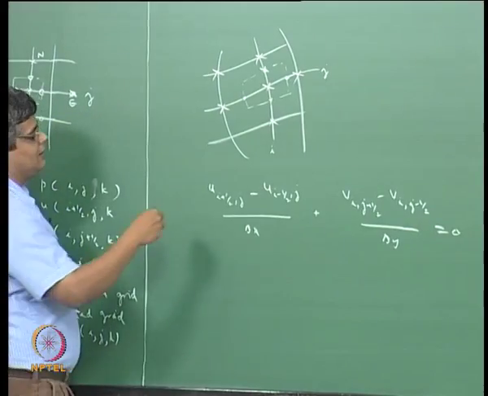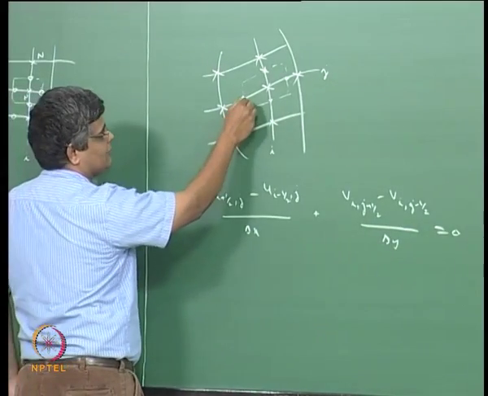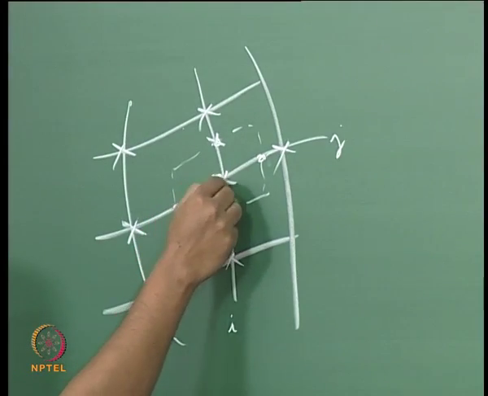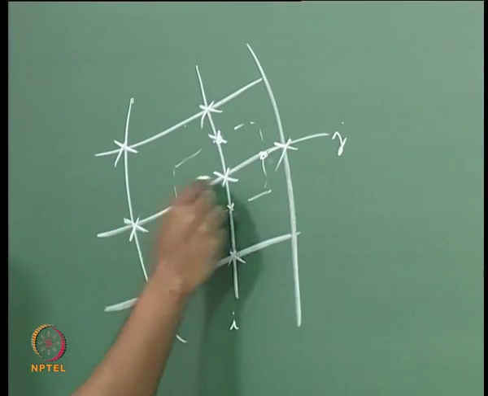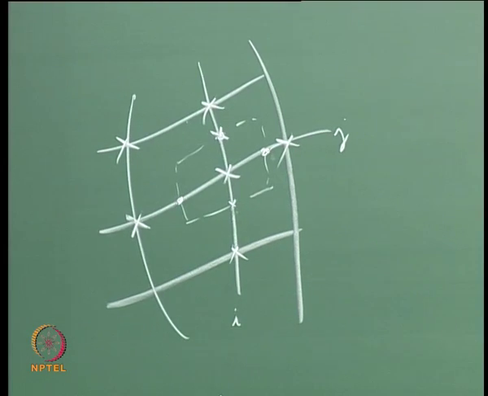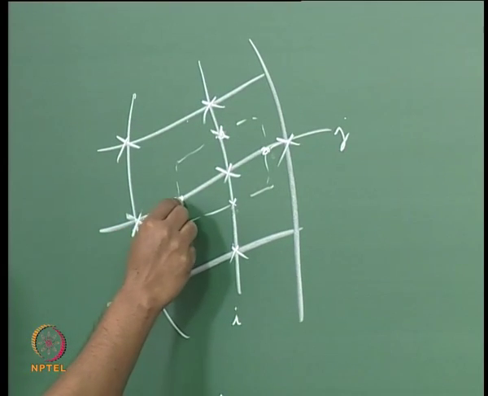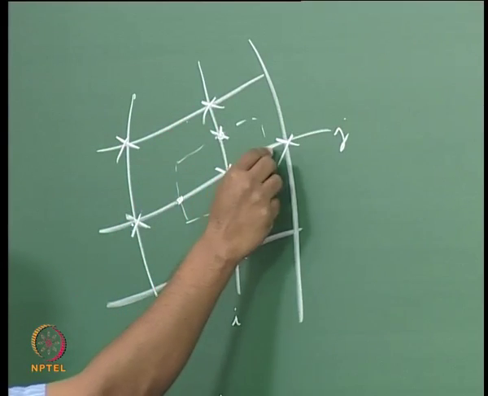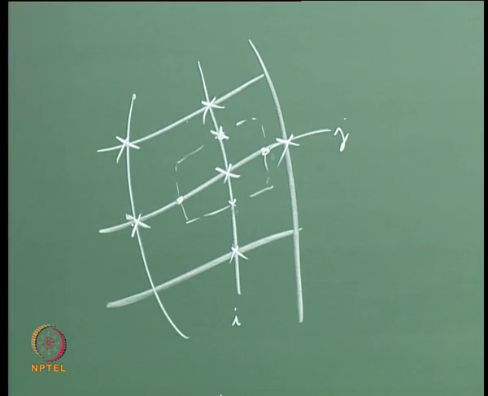So we have to estimate the value of the velocities at the faces from, for example, these 2 points, and we can estimate this from these 2 points and this from these 2 points and like this. If we do that, then we can do interpolation.